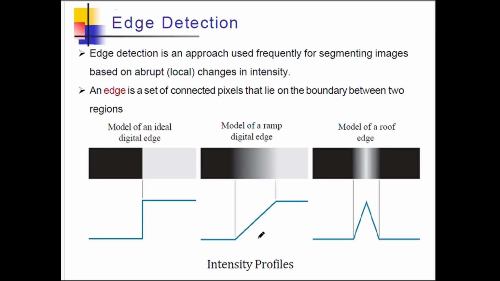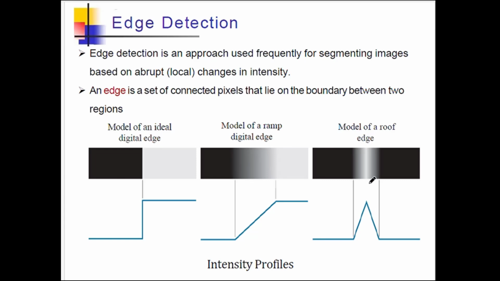Then coming to edge detection. Edge detection is an approach used frequently for segmenting images based on abrupt changes in intensities. An edge is a set of connected pixels that lie on the boundary between two regions. You have to remember, I think now you know the difference between line and edge.